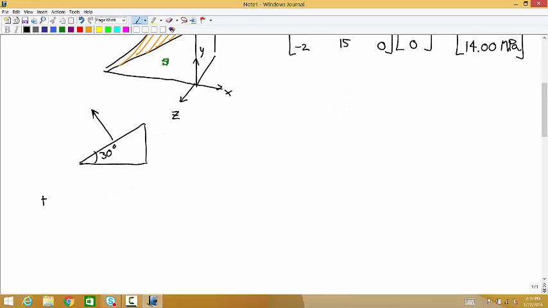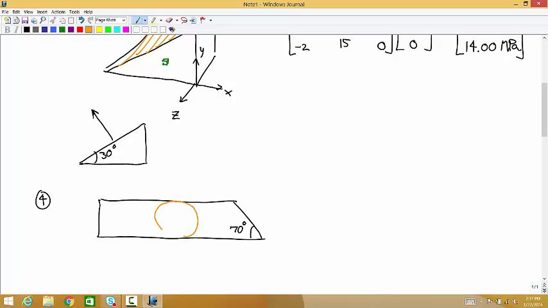Okay, and then number 4. All right, so you have a bar, this is a side view. This angle is 70 degrees. And the cross section is circular.